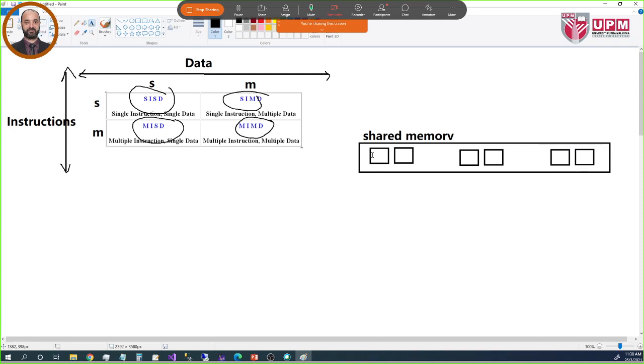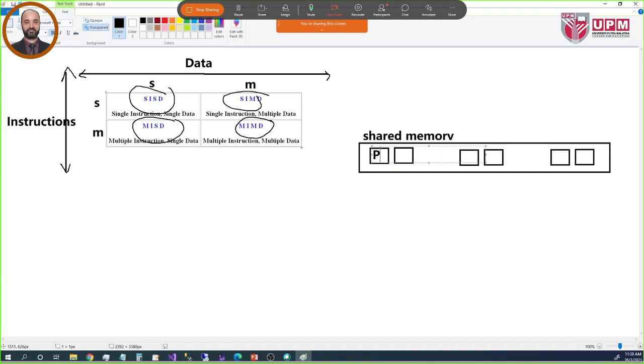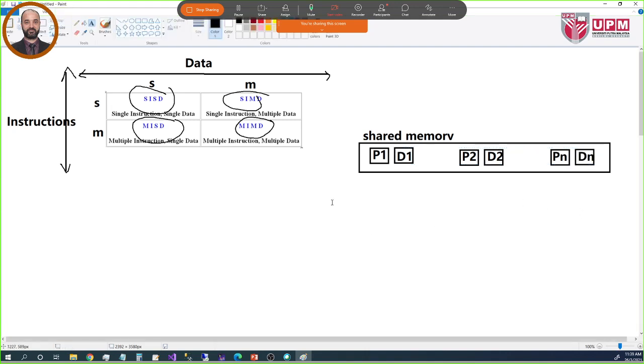Let us write some notations. So this one is program 1, here is data 1, here maybe program 2, data 2, program N, data N. Okay, so this is what we have in the memory.